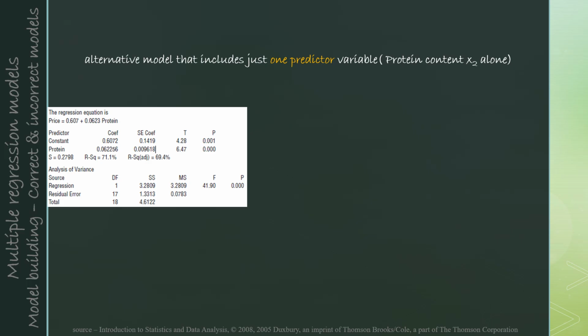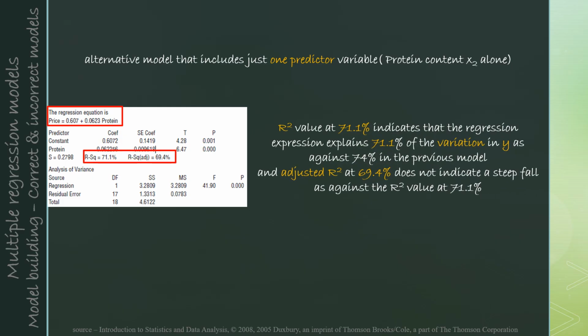Here is an alternative model that includes just one predictor variable, that is protein content x2 alone. Price equals 0.607 plus 0.0623 multiplied by protein. R square value at 71.1% indicates that the regression expression explains 71.1% of the variation in y as against 74.7% in case of the previous model.